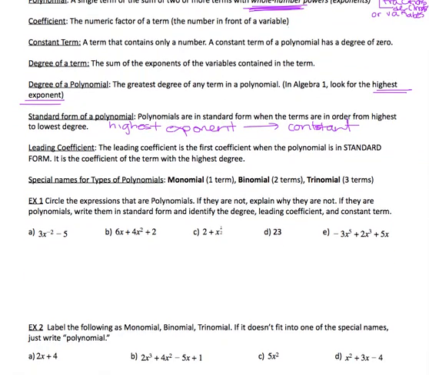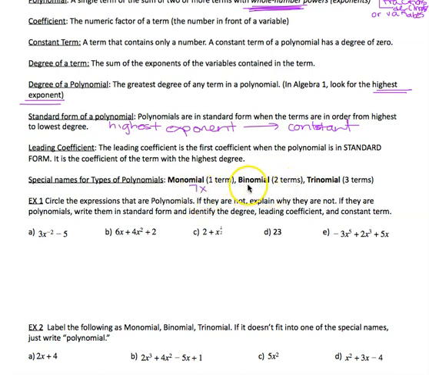We have special names for certain types of polynomials. So if a polynomial just has one term, for instance, 7x would be an example of a monomial. One term, that's all I've got. A binomial is when we have two terms.